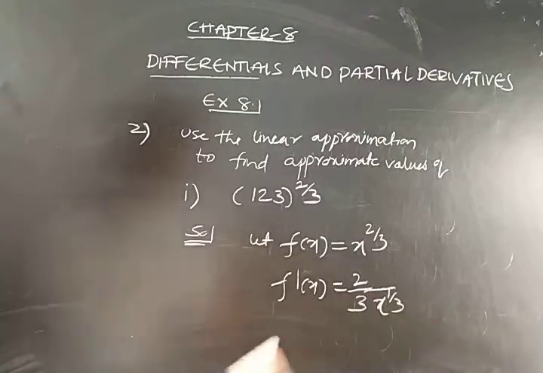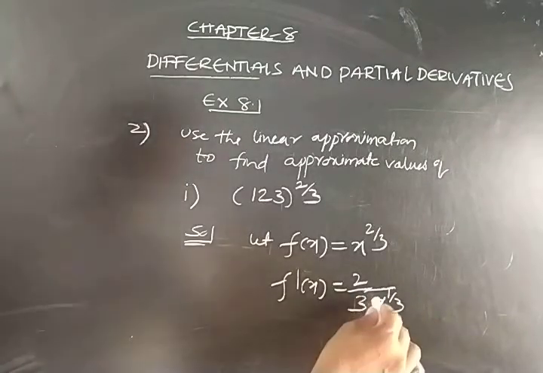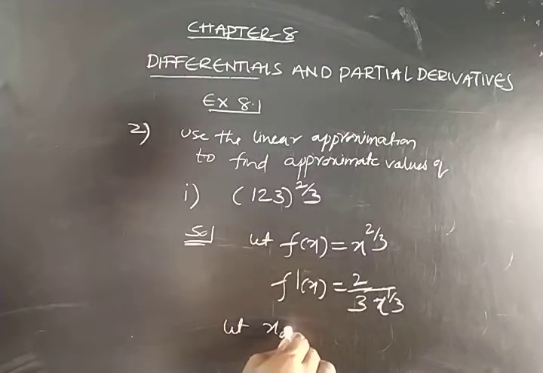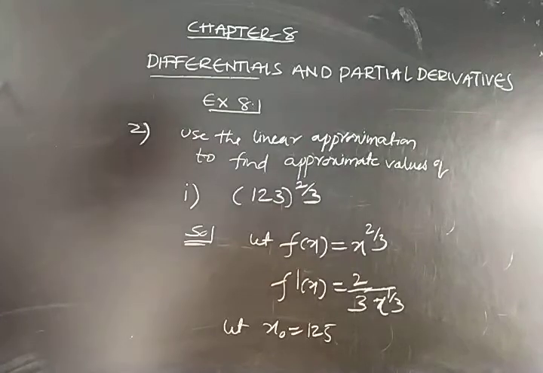So it becomes plus 1 by 3 in the denominator. This is f dash of x. So I am taking x naught as 125, which is the perfect cube nearest to 123, and x is 123.